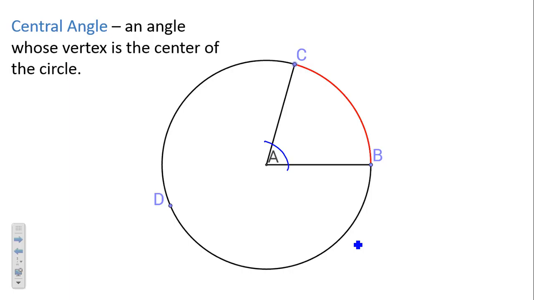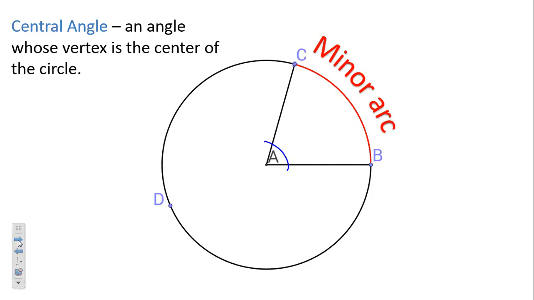An angle whose vertex is the center of the circle is a central angle, and it creates something called a minor arc. When you think of minor league baseball versus major league baseball, what's the difference? The level of talent, the amount of money that they make, right? A minor league team has less talent or less money to devote to their talent.